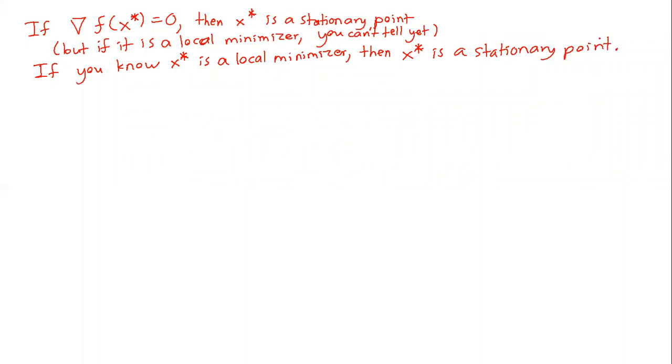So the first order necessary condition is necessary but not sufficient for optimality. It's necessary that if you know it's a local minimizer, then it must be a stationary point. It must satisfy that the gradient of f of x star is 0.